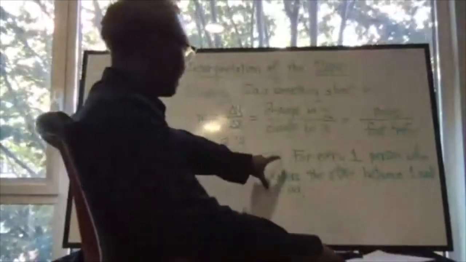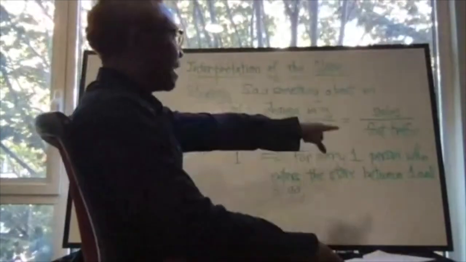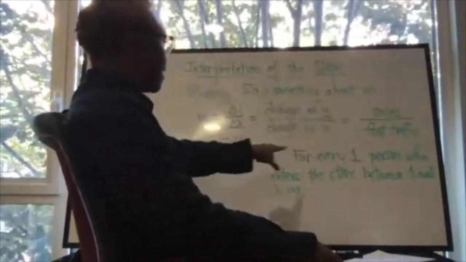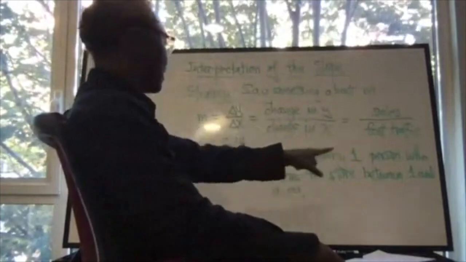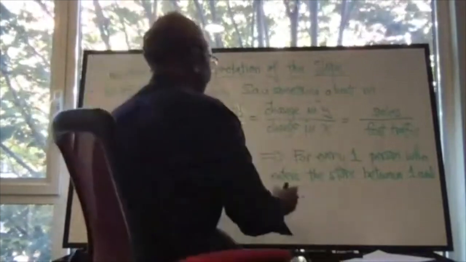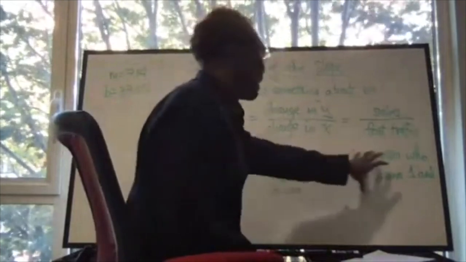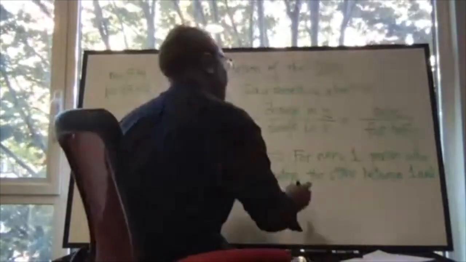So this part of the sentence takes into account the denominator, foot traffic, and the number 1. Now I have to say something about the Y. So this part says something about the X, comma.